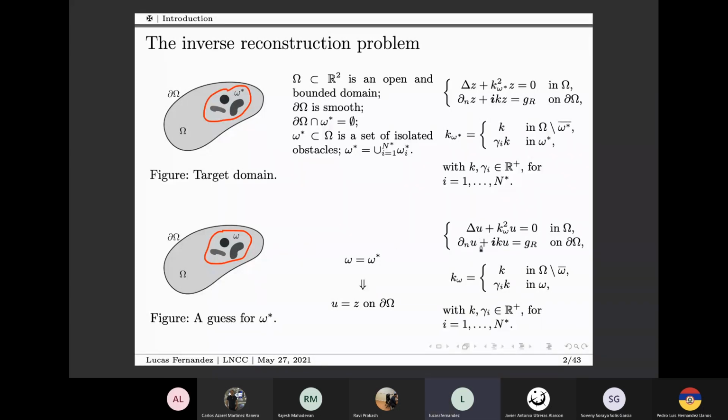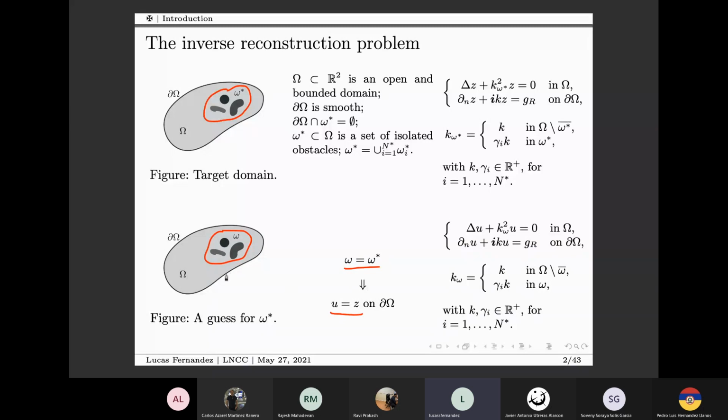And this scalar field U is the solution to a boundary value problem, very similar to the original one, except for the fact that the parameter K is now dependent on the set small omega that came from the reconstructed domain, right? So note that when the set small omega coincides with the set omega asterisk, we can conclude from the uniqueness of the solutions of the direct problems that the scalar fields U and Z coincide in all the domain omega and on its boundary in particular.